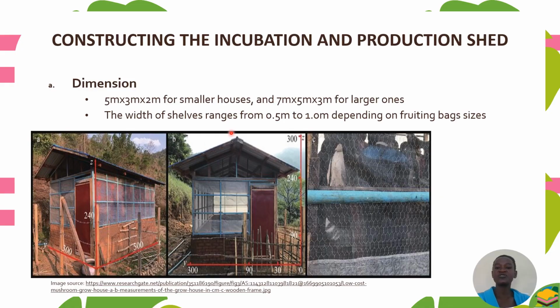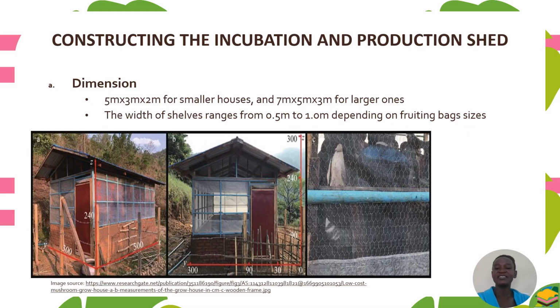So when we are constructing the house, we need to also consider the dimensions of the shelves where we are going to hang our bags. So the width of shelves ranges from 0.2 meters to 1 meter depending on the fruiting bag sizes.